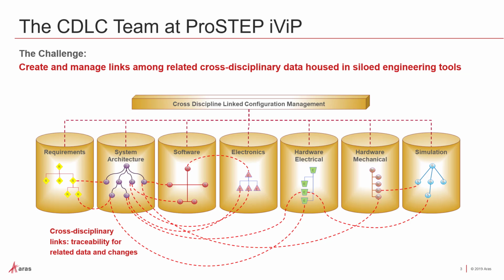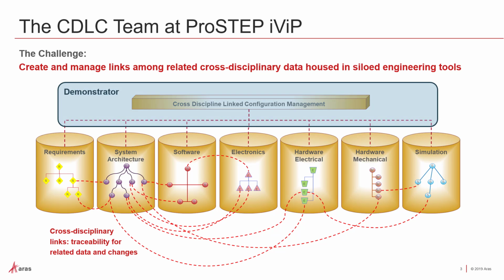The challenge? Today's complex products require closer collaboration across the many engineering domains that help to define, design, and build them. Even though data from each of these domains is created and stored in different siloed engineering software tools, it is nevertheless related.